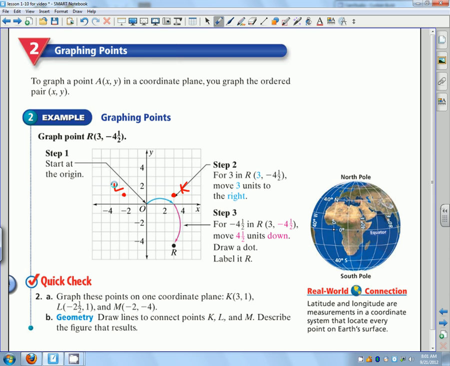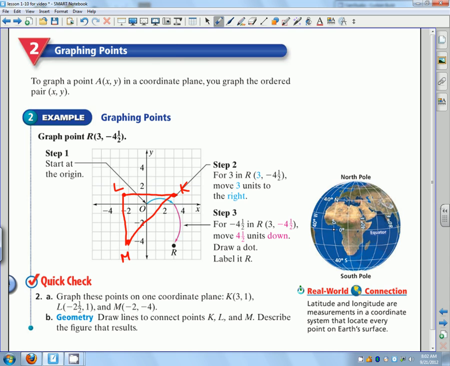That's point L. And then M is -2, -4, and that is M. So I'm going to connect these points. And I see that I have a right triangle. Or you could have just said triangle. Totally fine.